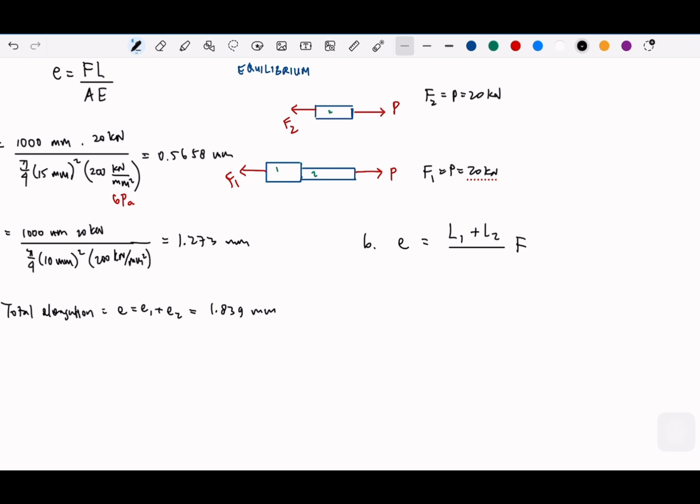and then this is F, and this will be the area.